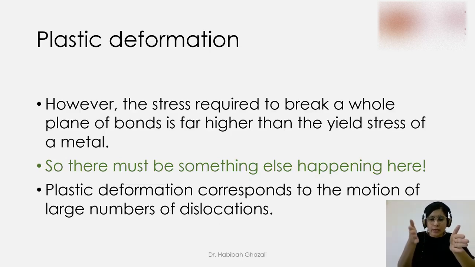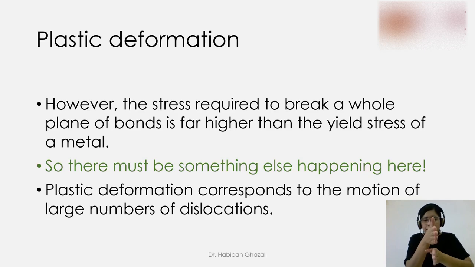If you want to imagine it, an edge dislocation has an additional extra half plane. So we have a line dislocation, an edge dislocation, that can move in the crystal structure. That is what actually happened.